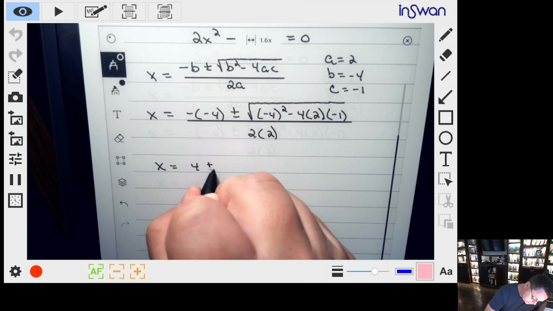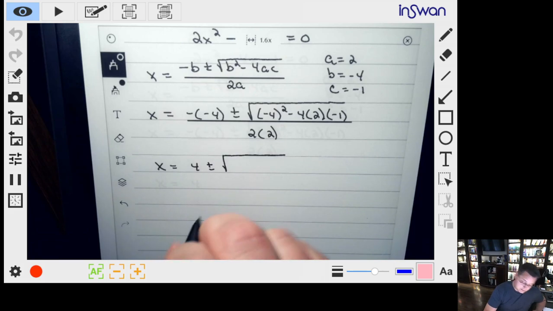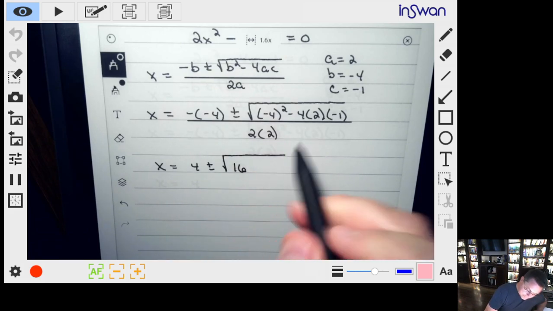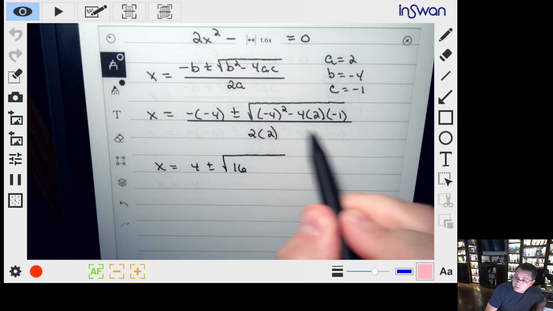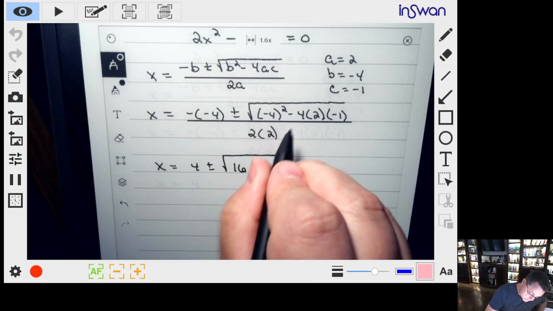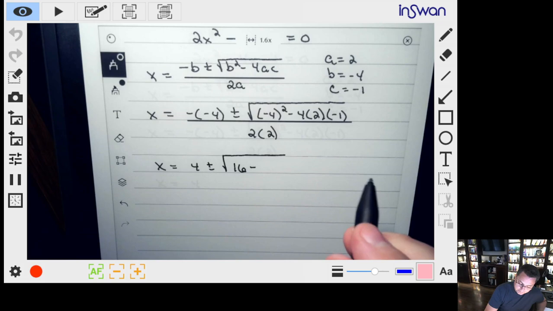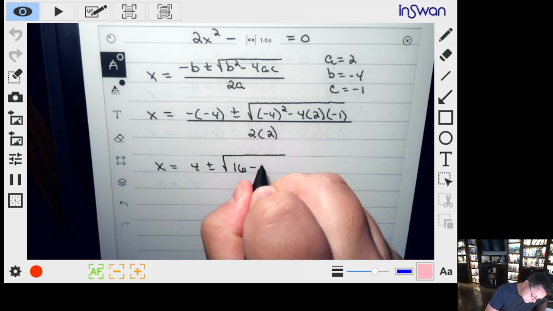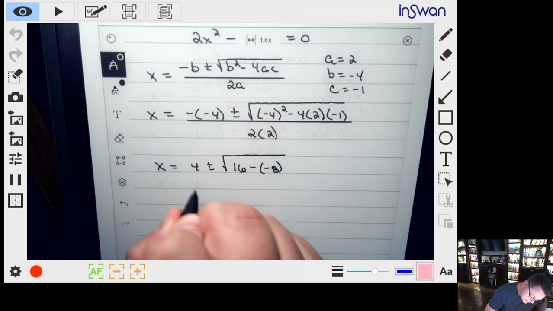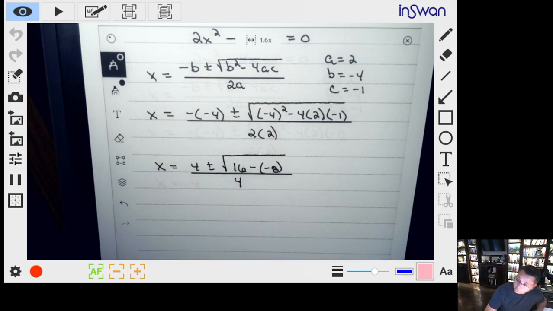Plus or minus the square root. So 4 squared is 16. Now I have minus, and this number is going to be negative, so it's going to end up being plus altogether. Really it's minus 4 times 2 times negative 1, which is negative 8, so it's minus a negative 8, all over 4.